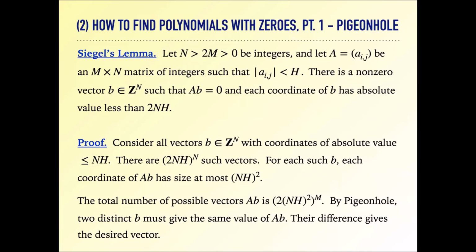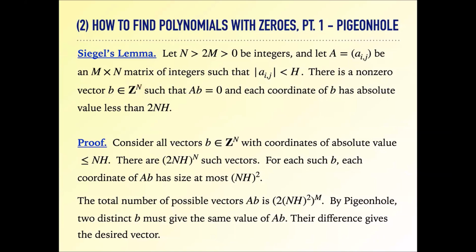Okay, how big is AB? So this is the dot product of a vector where each coordinate in the vector has size nh, and I'm multiplying them with coefficients that are size h, that's nh squared, and then I'm adding them all together, and there's n of them, so that gives me another factor of n.